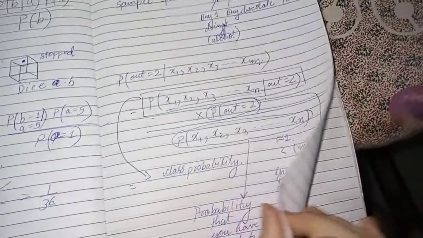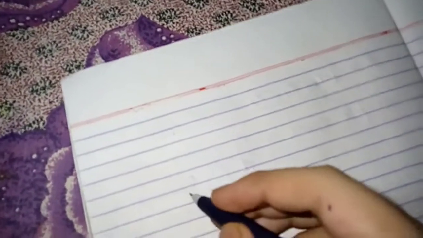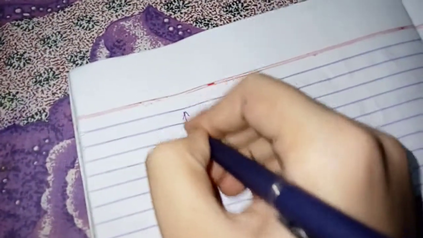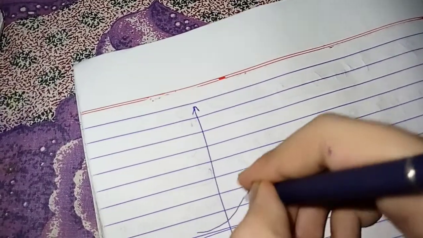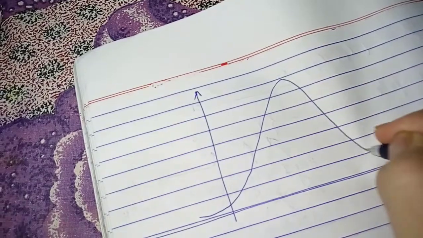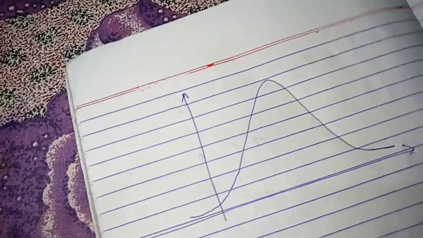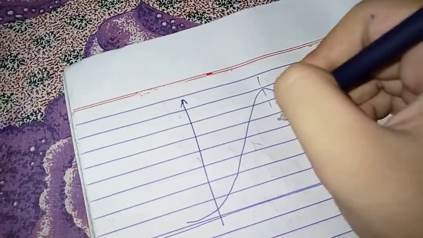So now moving further, we need to find the value of the Gaussian distribution. So what is a Gaussian distribution? A Gaussian distribution is also called normal distribution, and its graph looks something like this. Here you are having the mean.